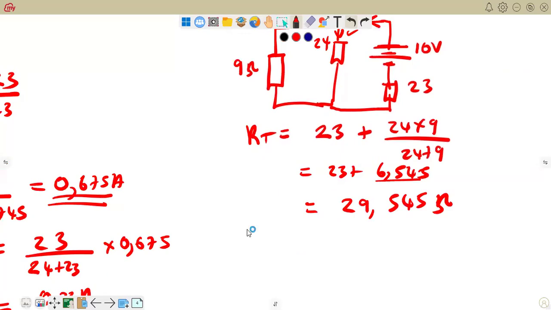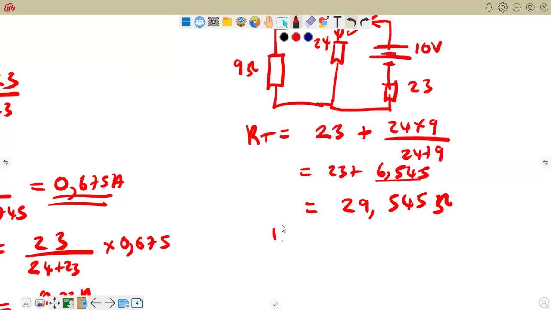So now we can calculate IE1 again. I'm calling it IE1, being the current through the 24 ohm resistance. We can call it whatever we can remember, but IE1 or IE2 can be a better choice because it is the load resistance that we have there.